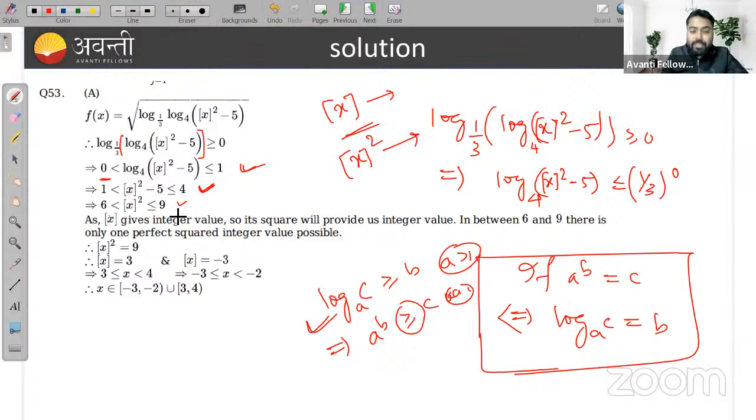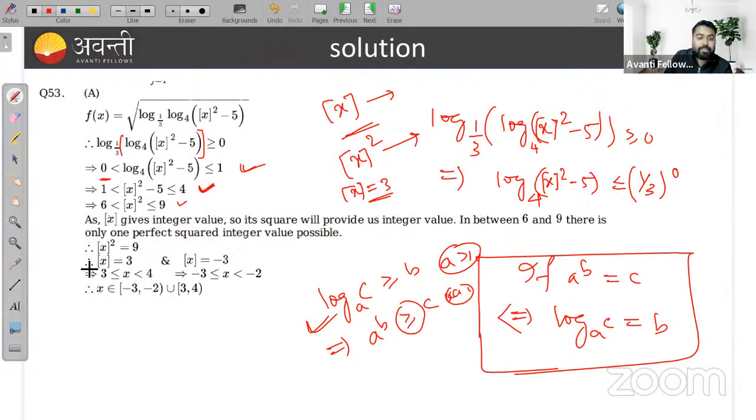So in between 6 to 9, there is only one perfect square integer value possible. What is that? That is 3. Mod x is equal to, sorry, box x is equal to 3. So 3 squared is 9 and minus 3 squared is also 9, right? So box x can be 3 or minus 3.